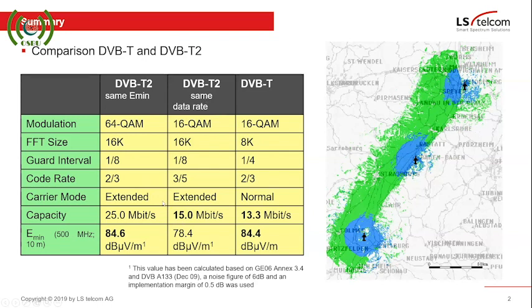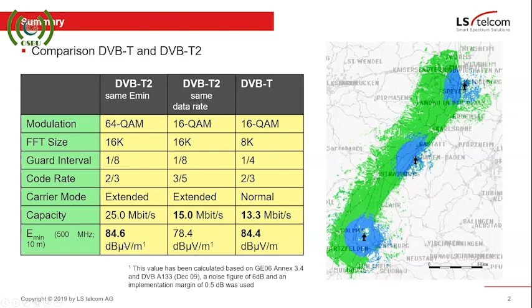So if we look at, for example, a 64 QAM and a 16 QAM, and the FFT sizes are the same, the guard intervals are the same, the code rates are slightly different, and then the carrier is in extended mode, we will see that you can reach with T2 with the 64 QAM 25 megabits per second, and with the 16 QAM 15 megabits per second.